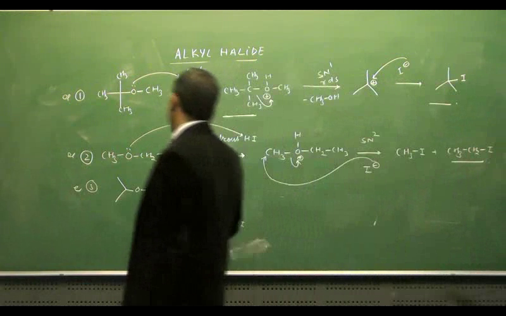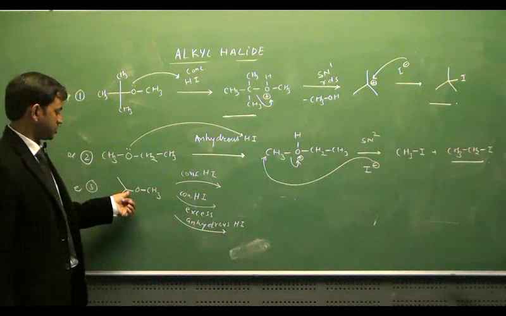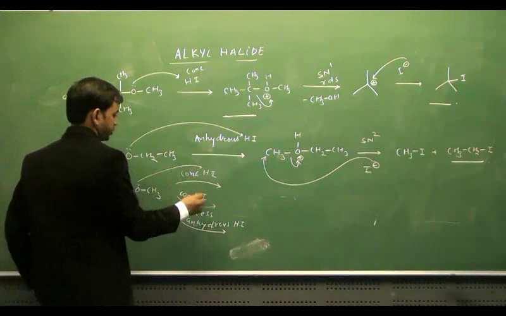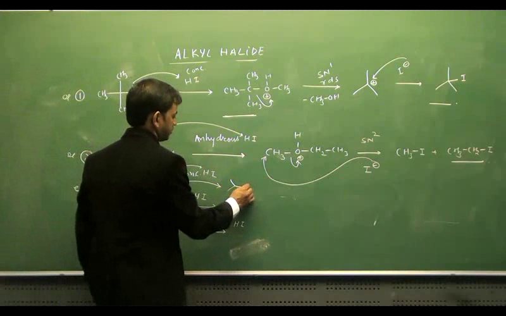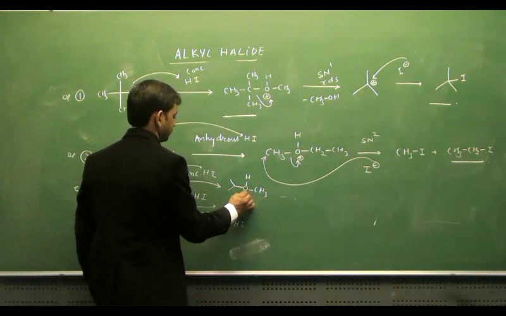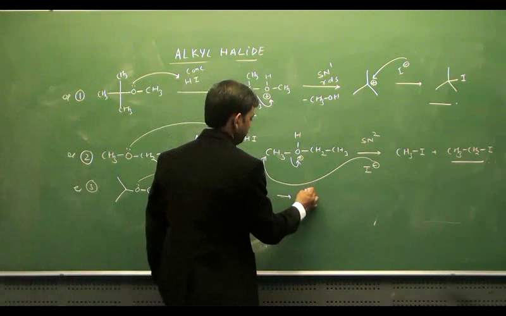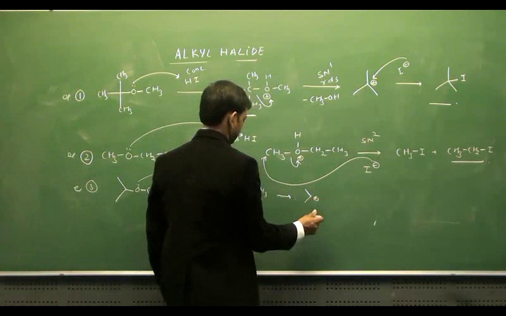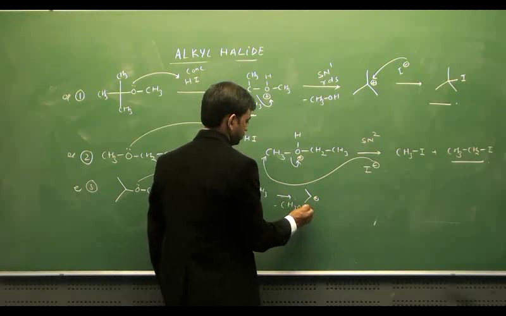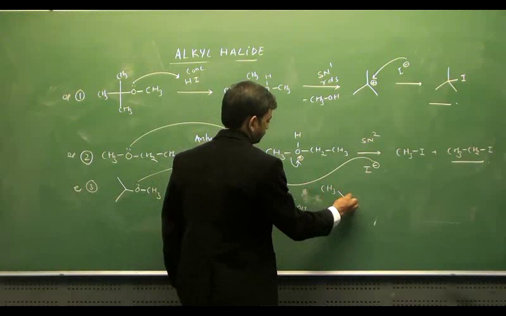What product will we get? Concentrated HI, this is 1 degree, this is 2 degree, or we can say this 2 degree, it follows SN1. Protonate it, form the carbocation, OHCH3, minus CH3OH, and the carbocation we obtain, CH3.